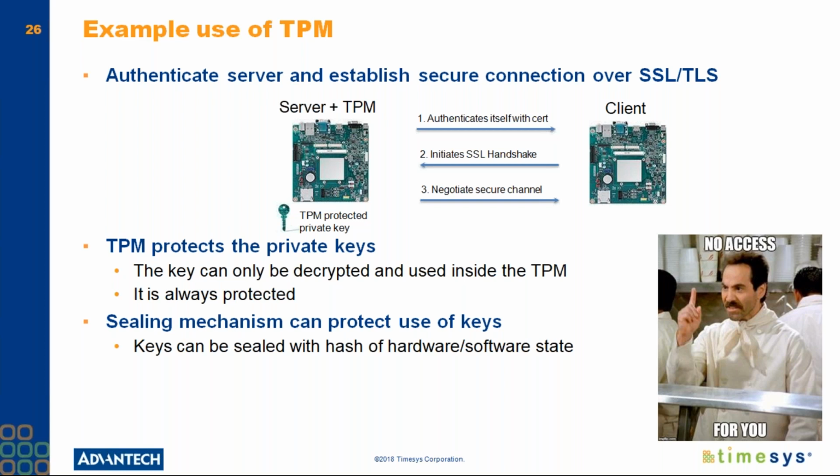This certificate and private key need to be protected. To do so, you can use a TPM chip, which has built-in non-volatile memory to store the private key onto the device. Once you store that, you can ensure that the key never leaves the TPM.